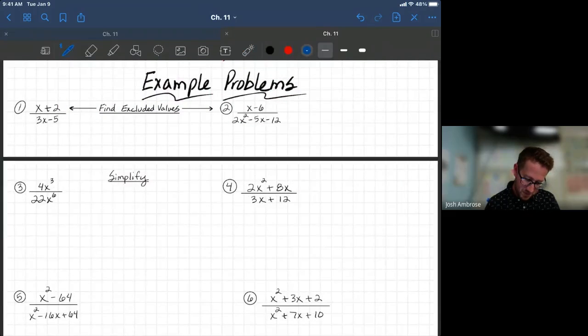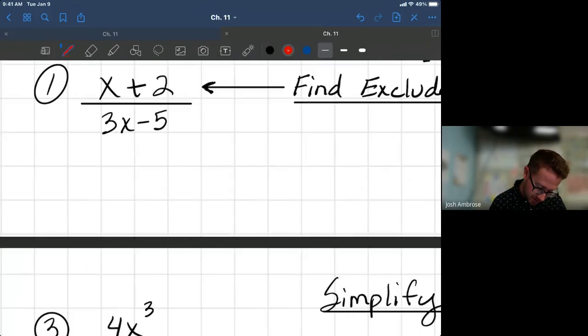These first 2 are just excluded value problems, which means what do we focus on? The denominator. All right, so zoom in, just the denominator, 3x minus 5 equals 0. Solve for x in the denominator.